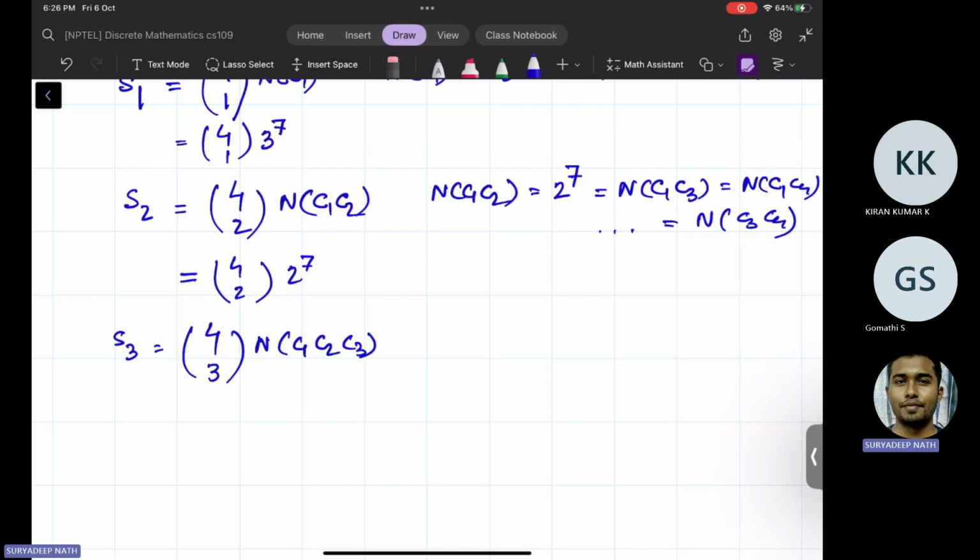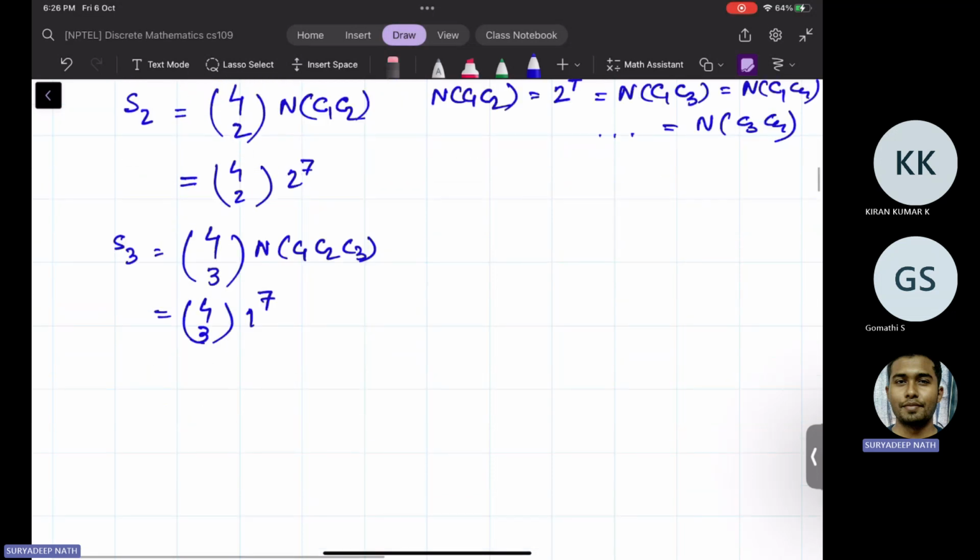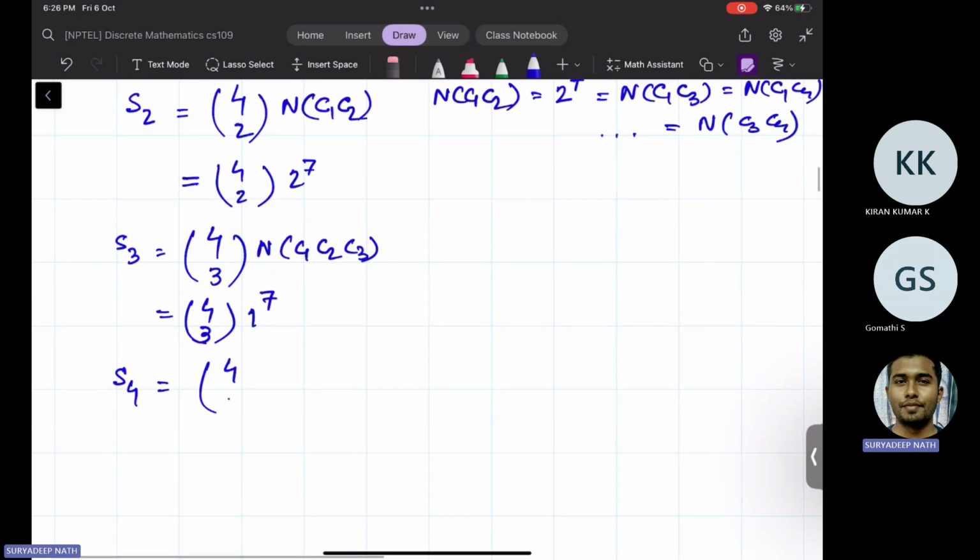We are removing three elements, so we are left with one. And finally, S4 is when we are removing all four elements. So none of the elements in the codomain have a preimage in the domain. So that would be 0 to the power 7.